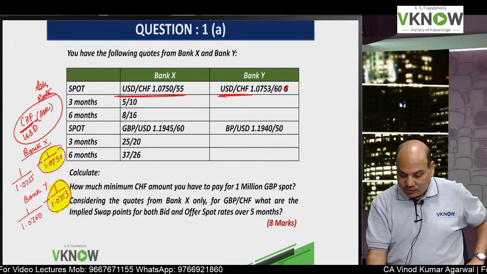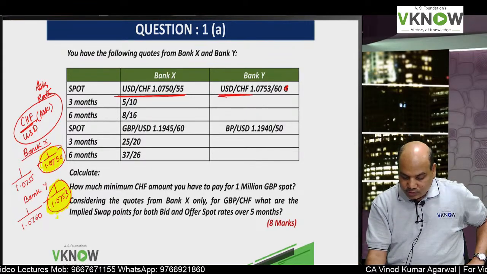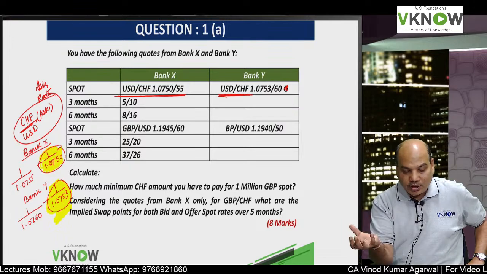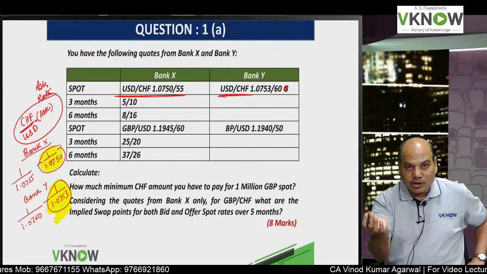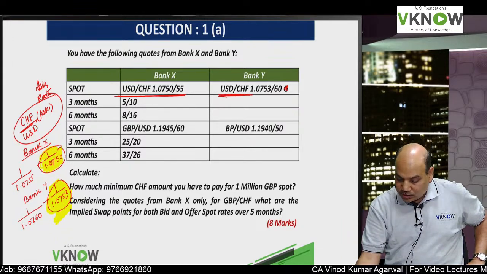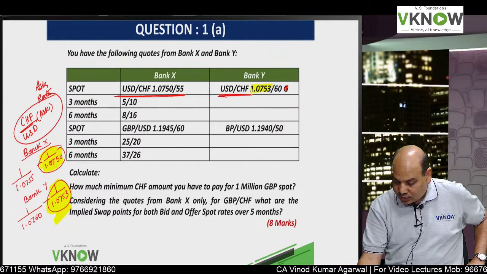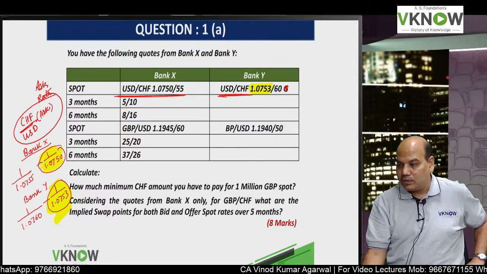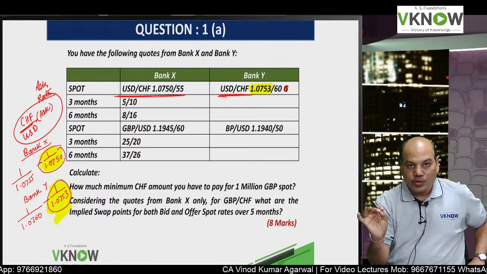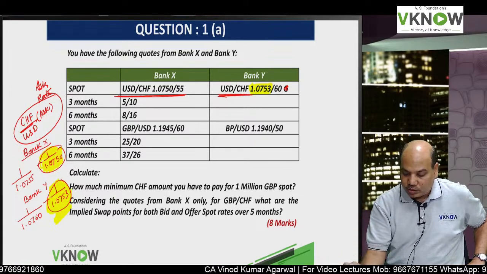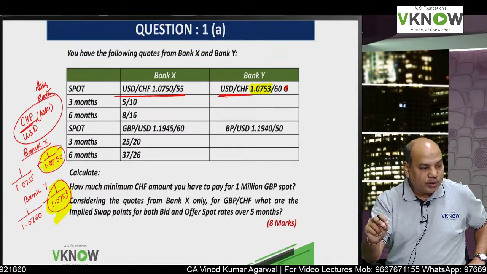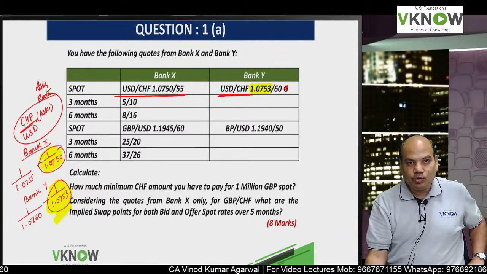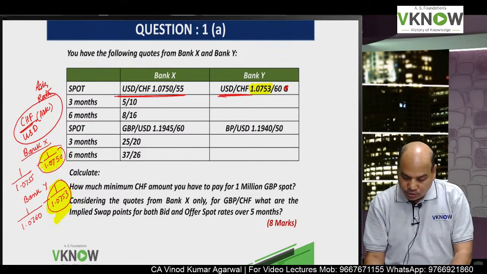If the denominator is bigger, the answer will be smaller, which means I will purchase USD from bank Y, because their USD is cheaper. Okay.